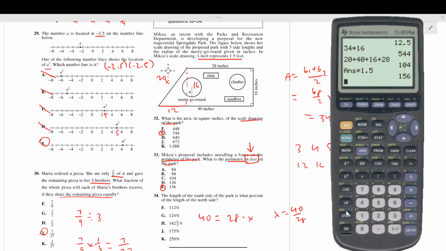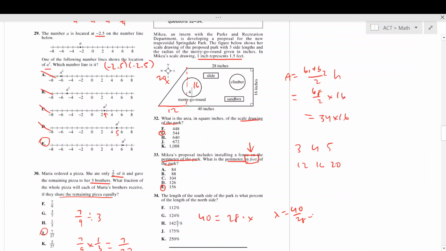Pulling out the calculator again, 40 over 28 is about 1.43 as a decimal. To convert to a percent, we just multiply by 100, moving the decimal 2 places to the right, so it's about 143%, and that'll be this choice.